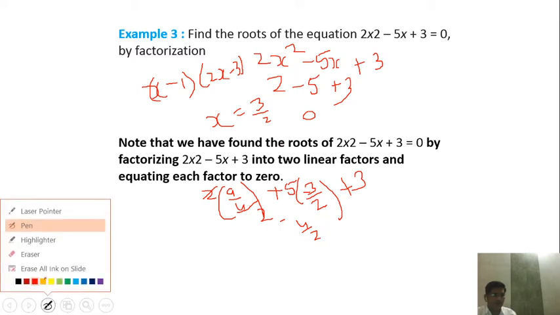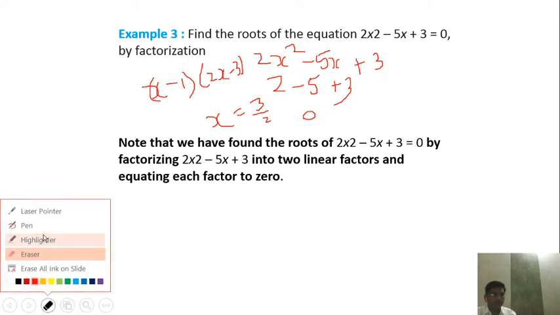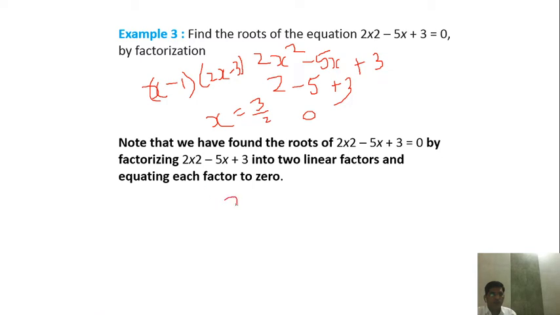Again some mistakes we are making. Again here we have to put 3 by 2. So 2 into 3 by 2 squared, that is 9 by 4, so I have to write 9 upon 4 minus 5 into 3 by 2 plus 3.